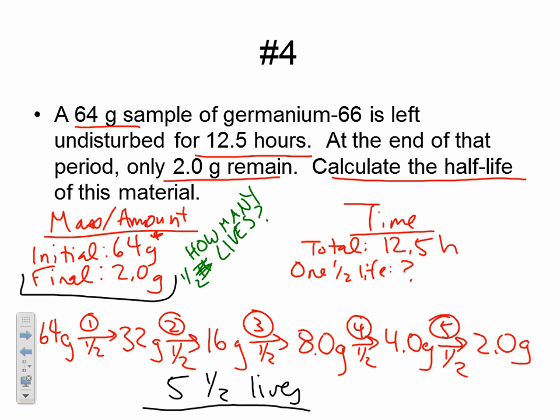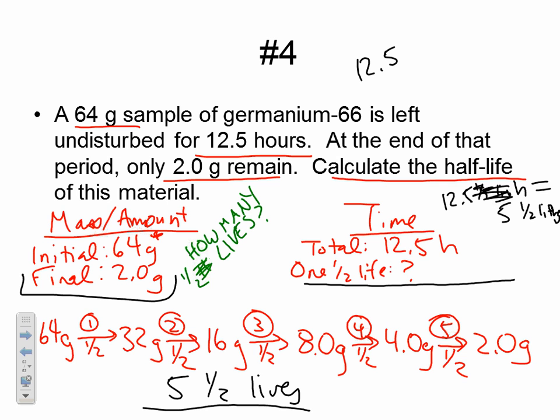Again, that's not the answer to the problem. The problem is asking how long is 1 half-life. What we do know, however, is that 12.5 hours is equal to 5 half-lives. So in 12.5 hours, it has decayed 5 times. So what can we do?